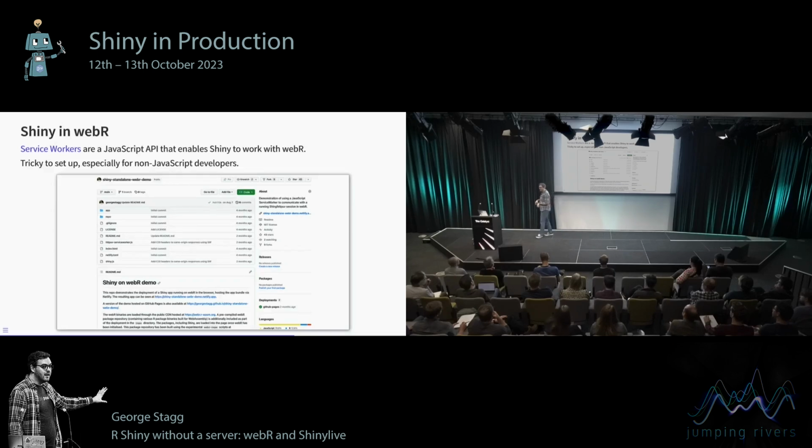And that's what service workers do. And that's how Shiny is able to run in webR. What webR will do is start a service worker and capture that network traffic that would normally be sent to a Shiny server. And instead, rather than sending it over the network, it will send it to a WebAssembly thread where webR is running and say, webR, what would Shiny do if it was running on a server? Give me the response that Shiny would give. And that's how that works.